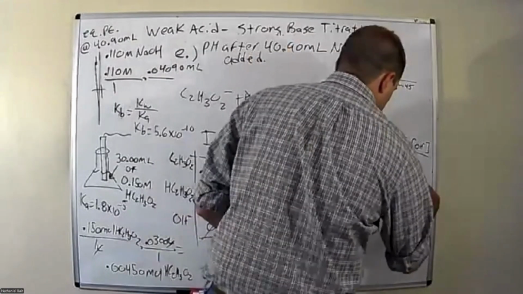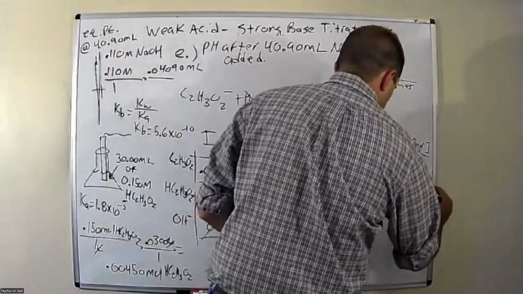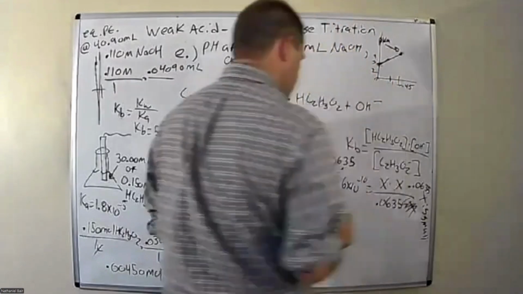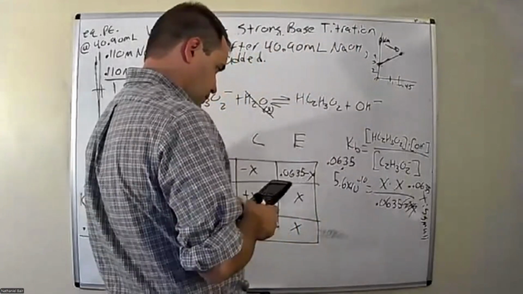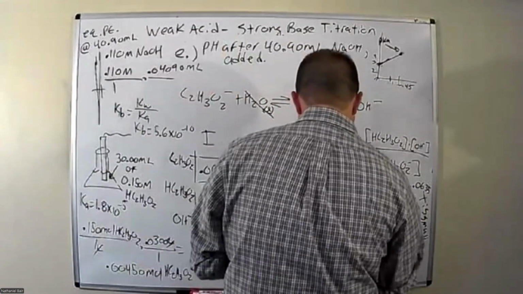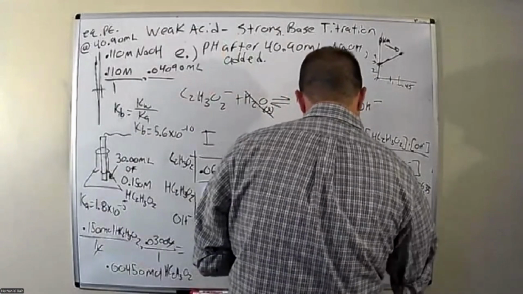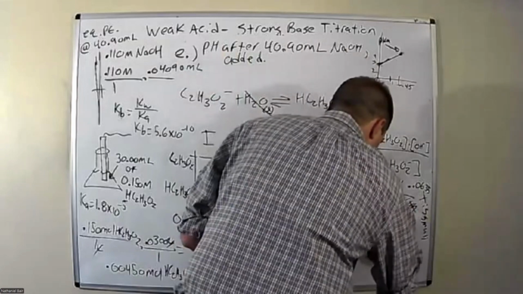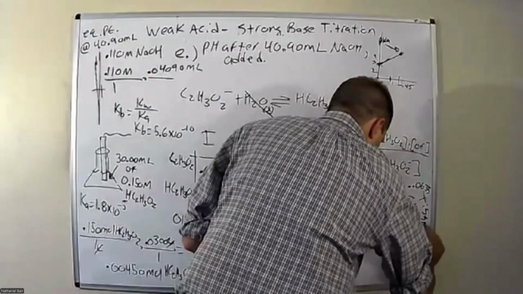Multiply both sides by 0.0635, and we get 3.53 times 10 to the negative 11 equals x squared.